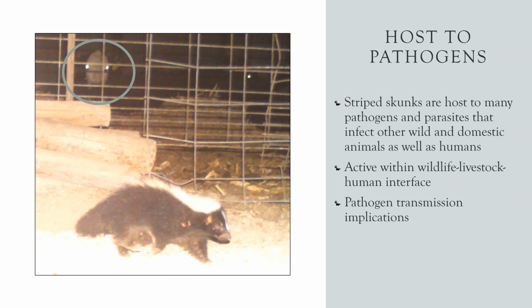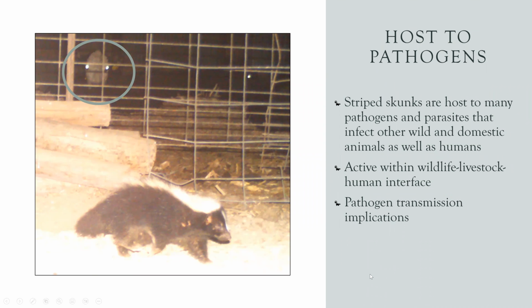So, as I mentioned, striped skunks are host to many pathogens and parasites that infect other animals, wild and domestic animals, as well as humans. And skunks are also active within this wildlife, livestock, human interface. This is an interface that is of importance with pathogen studies because we have all of these different host species existing in one area.